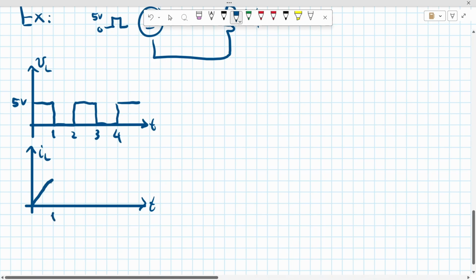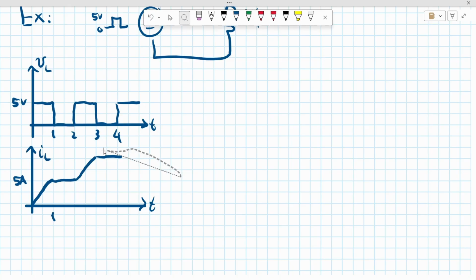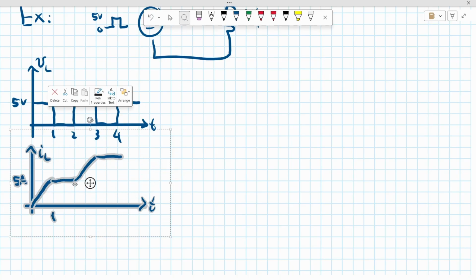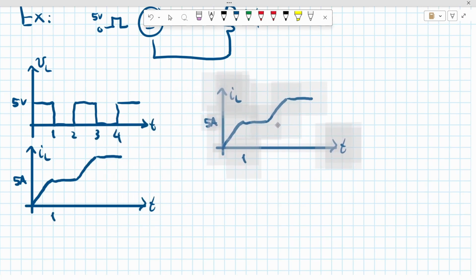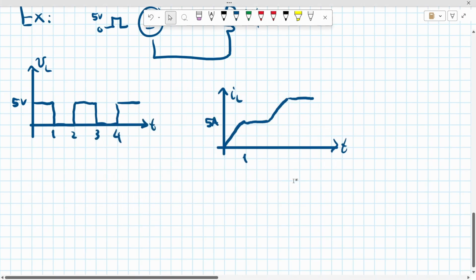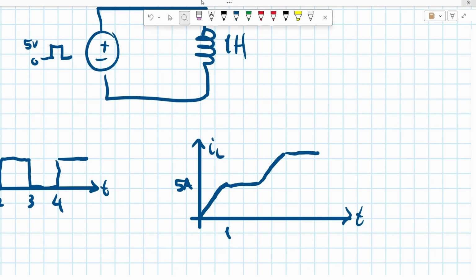So after the first second, you'll get to 5 amps. 0 voltage means the current is constant. 5 volts means the current is increasing, constant and increasing, and so on. So let's get it here. So periodically this guy is going to keep going like this.